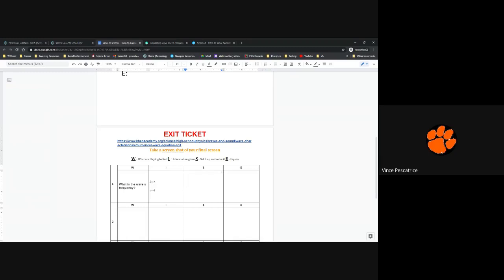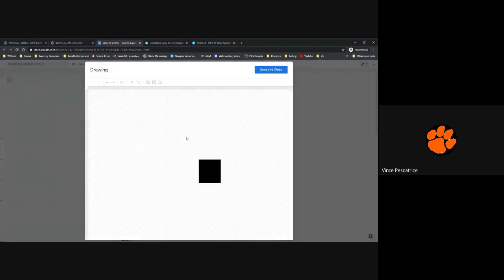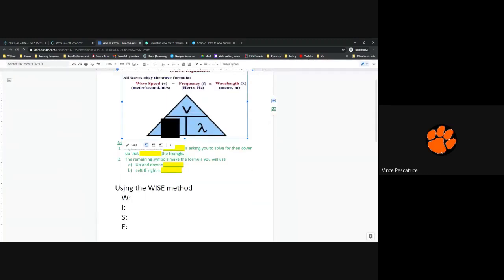Set up and solve. Scroll up to my triangle. I'm looking for frequency, so if I cover up frequency, I have V over wavelength. Speed divided by wavelength. It's right here. V is literally on top of wavelength. So we go down to the bottom.